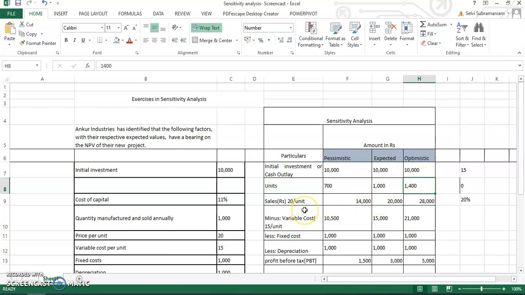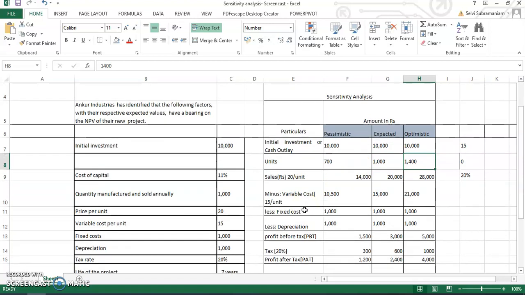So let's go to the variables that help us arrive at the cash flows after taxation but before depreciation. Sales is 14,000, 20,000, 28,000. How did we get this? It is 700 multiplied by 20, 1000 multiplied by 20 is 20,000, and 1400 multiplied by 20 is 28,000.